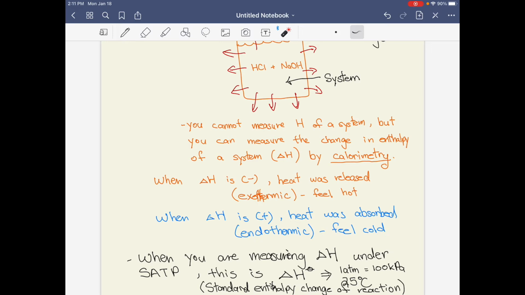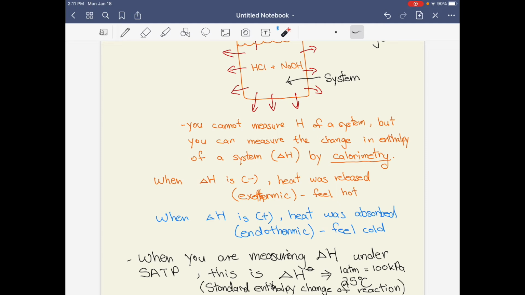If you're doing this experiment where you're finding delta H under standard conditions, delta H is said to be delta H naught. These are, of course, values that scientists have figured out by doing these calorimetry experiments.